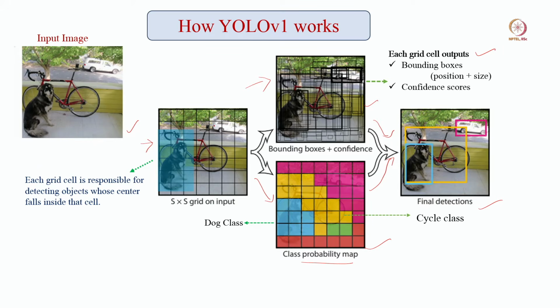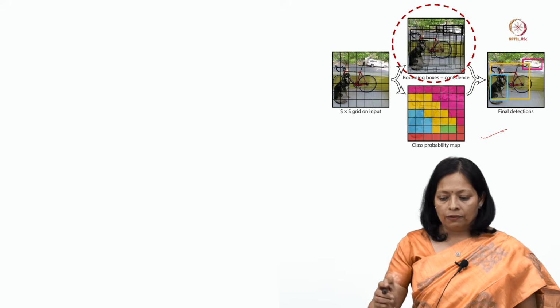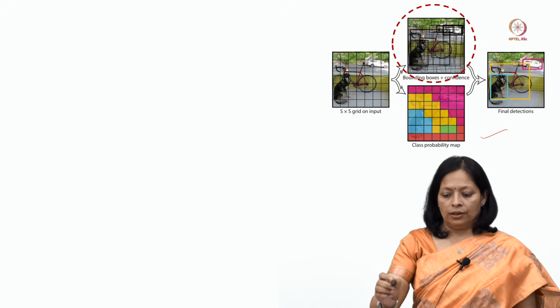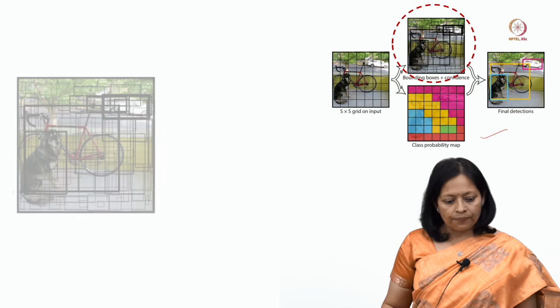So, this is the entire framework in which YOLO V1 works. Now, we will slowly look into each step in more detail. I have kept the image here just for reference. Now, we will look into this portion, bounding box plus confidence.